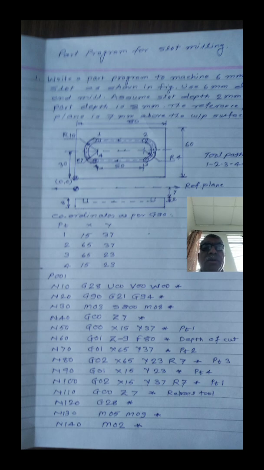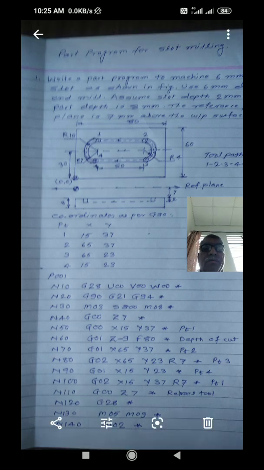The small circle shows the cutter, and you have to find out the coordinates considering the radius of the cutter. Therefore, the cutter will move along the radius 7 millimeter. Is it clear?